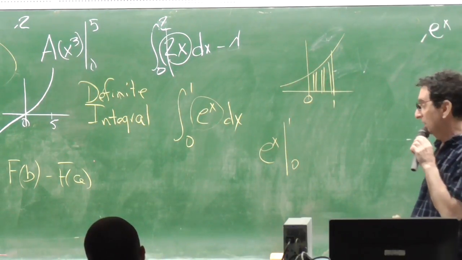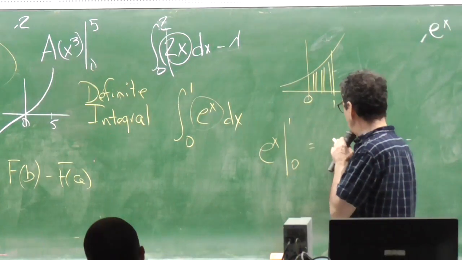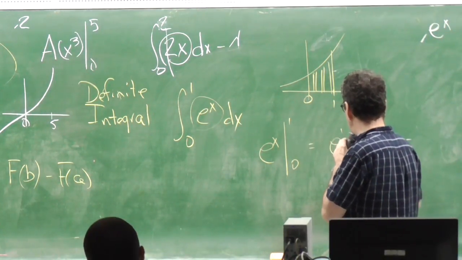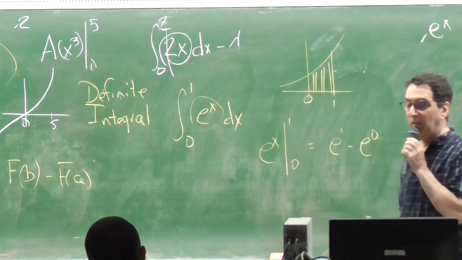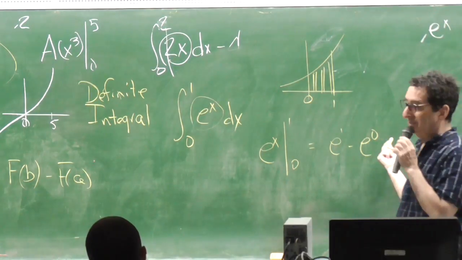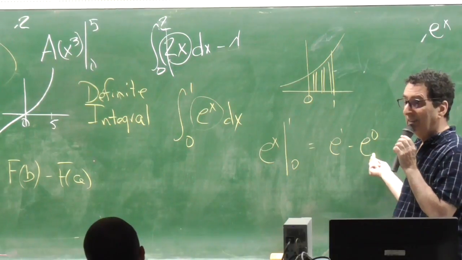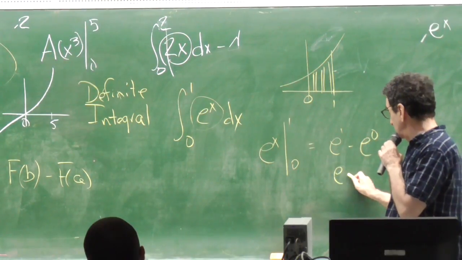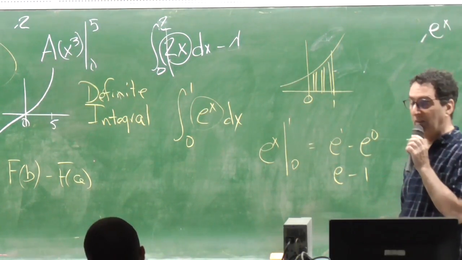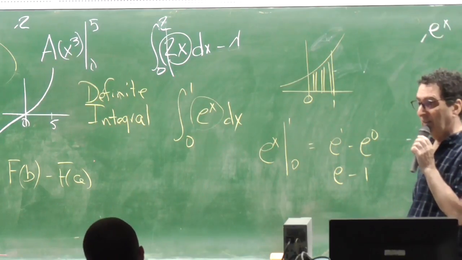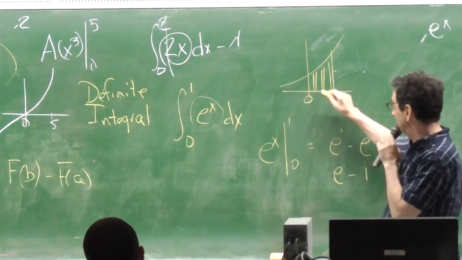So that's e to the 1 minus e to the 0. E to the 1 is e. Oh, I'm sorry, that's e minus 1. So the area under here is e minus 1.